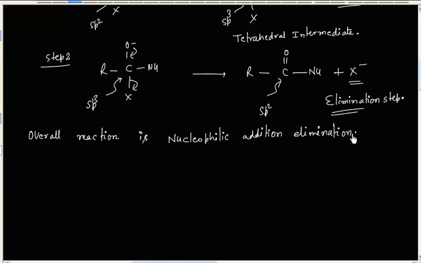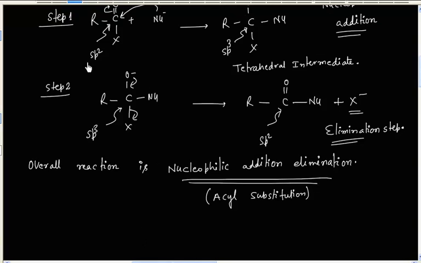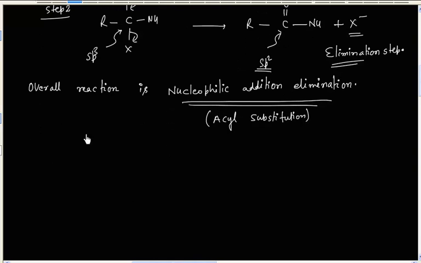So acyl substitution is also called nucleophilic addition elimination. If you see the hybridization, initially this is sp2, it changes to sp3 and finally it becomes sp2.